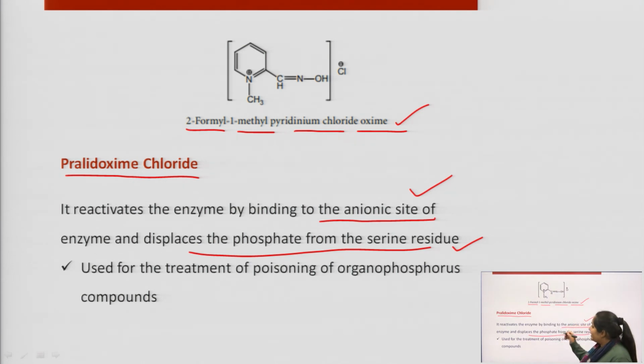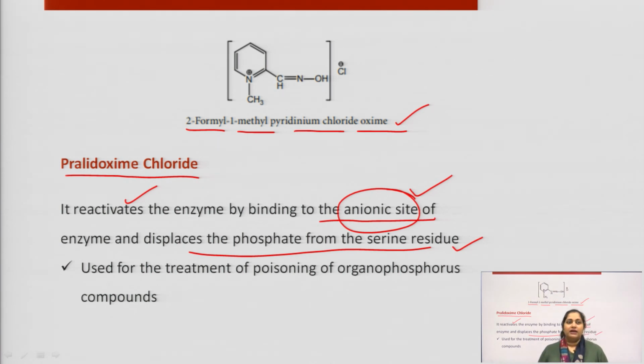So, pralidoxime reactivates the enzyme by binding to the anionic site of the enzyme and displaces the phosphate from the serine residue.